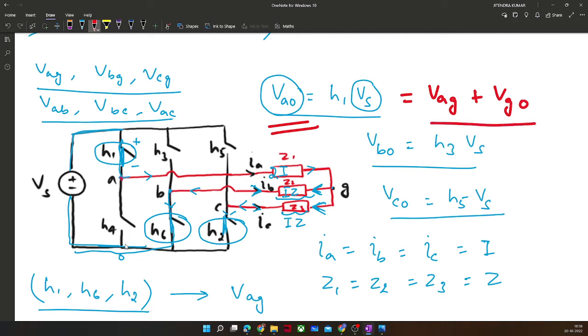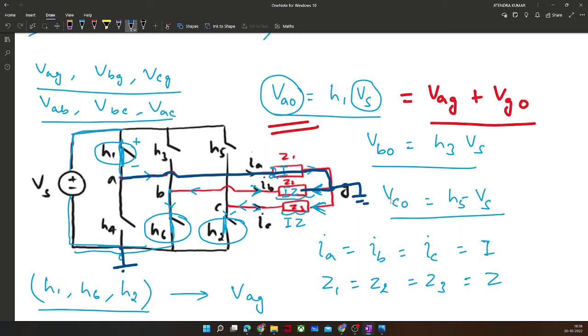This voltage would be, if you apply KVL, that would come out to be, I am taking this path, okay? VAG plus VG0, okay? So this node would be connected to this node.